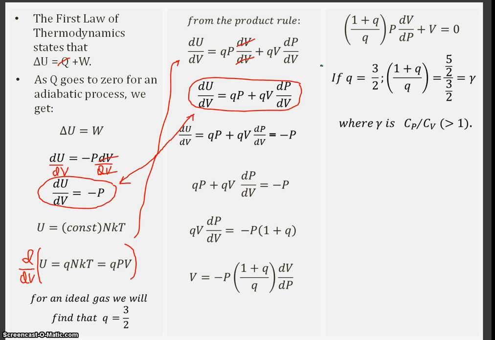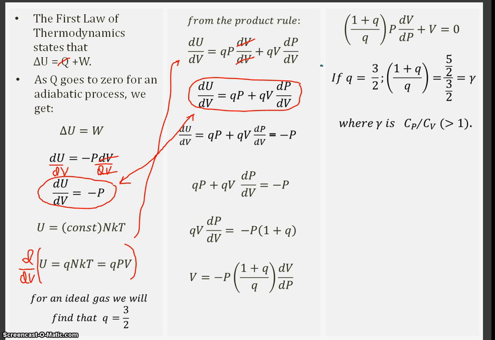Remember gamma? That was our ratio of Cp over Cv from a lecture or two ago. And Cp over Cv, remember, is always greater than 1 because the specific heat at constant pressure is always bigger than the specific heat at constant volume, because when you're doing it at constant pressure, the gas has to do work so it doesn't heat up as rapidly.